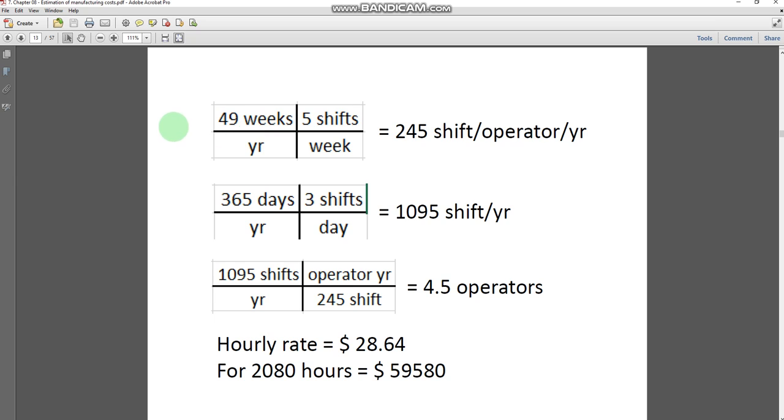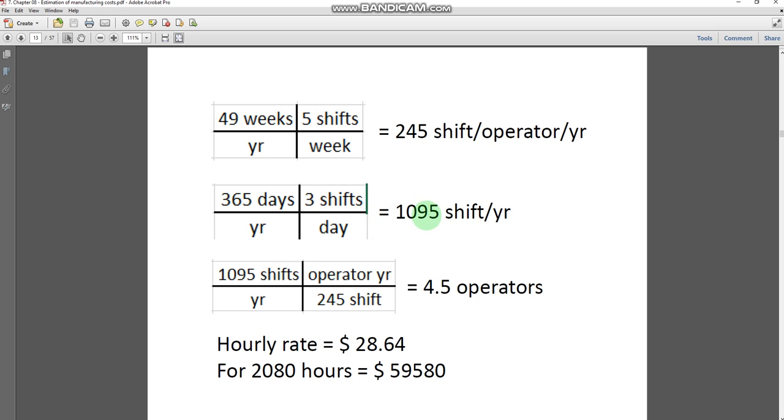Now here is some of the calculation of the annual working hours for any of the operators. Usually 49 weeks per year is the required time, and there are 5 shifts per week. So the total number of shifts that an operator can have in 1 year is 245. Then we have to see how many shifts there are in 1 year, so you can simply do the calculation.